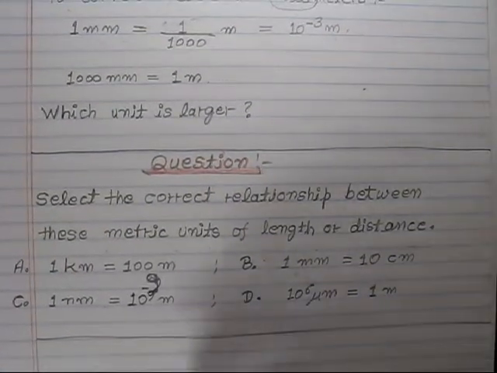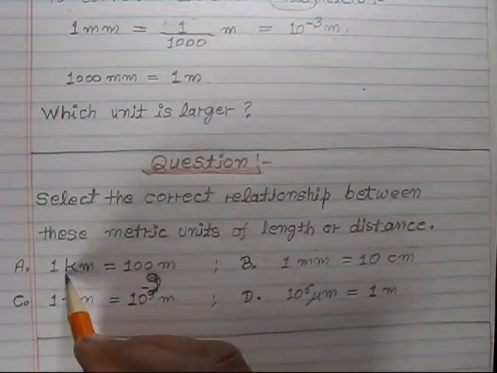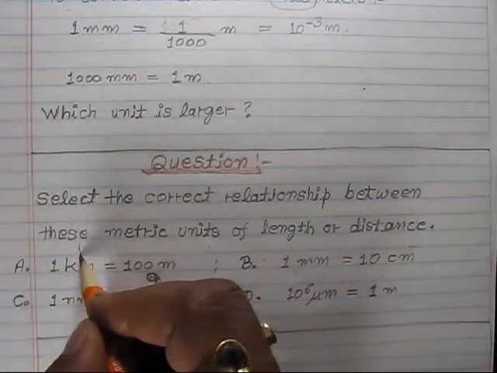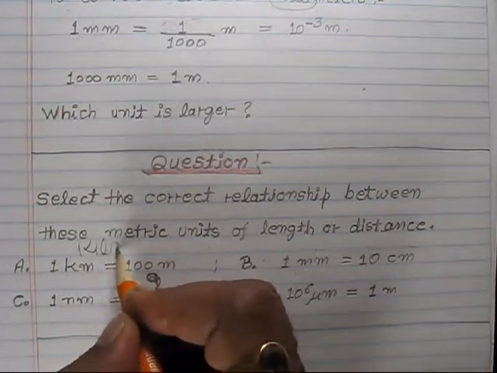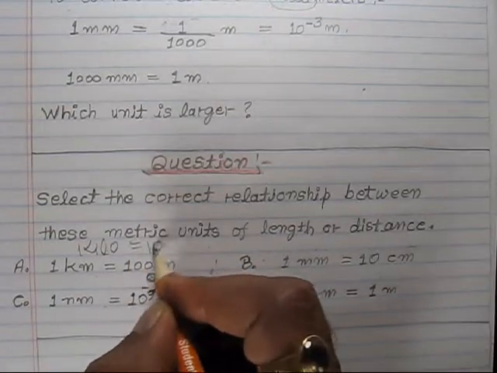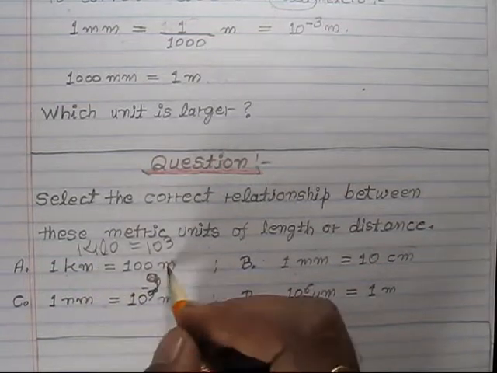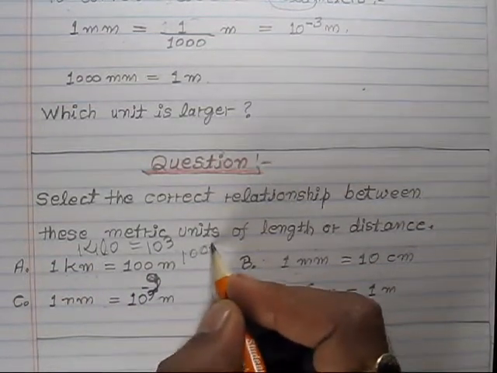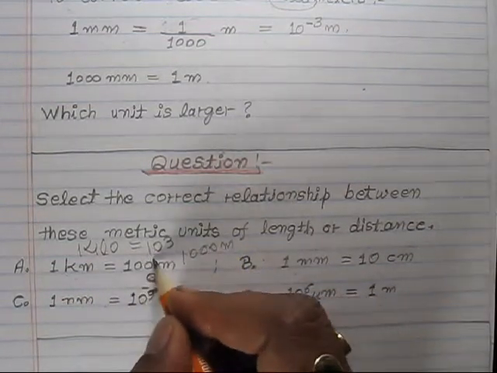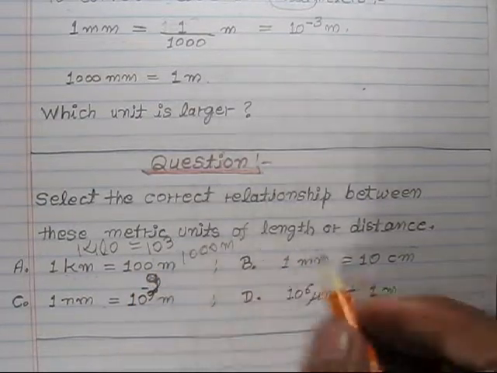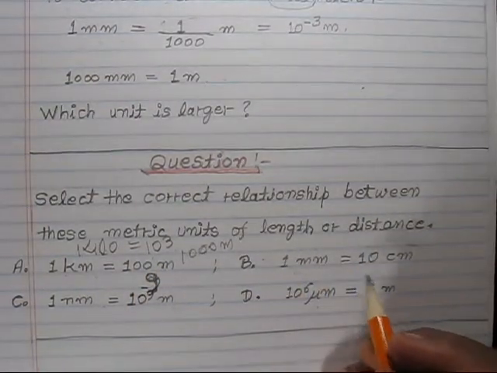So let's solve this question. 1 kilometer, km is the short form for kilometer. Kilo is always 10 to the power 3, which means you have to multiply by 1000. So 1 kilometer must be 1000 meter and not 100 meter. So this cannot be the answer. 1 millimeter is equal to 10 centimeter?